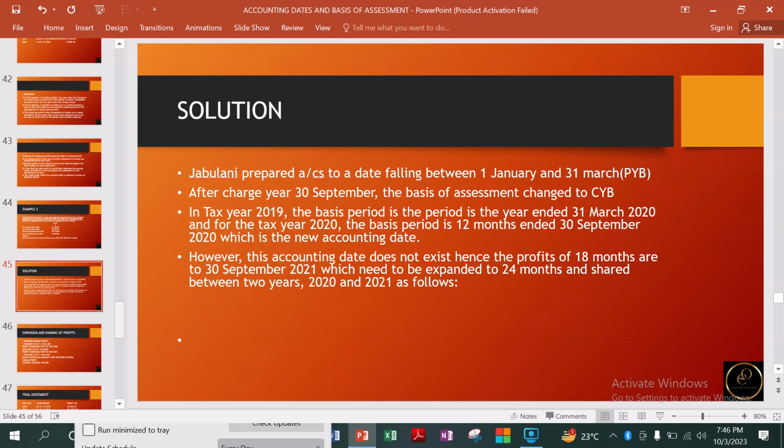However, the accounting date does not exist, hence the profits of 18 months to 30 September 2021 need to be scaled up to 24 months and shared between the two years, 2020 and 2021. So that's the implication there. What do we do in this particular case?